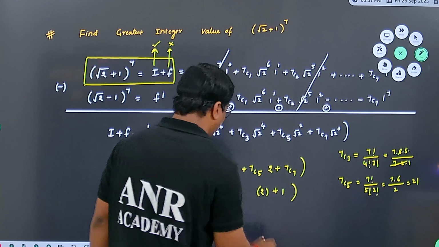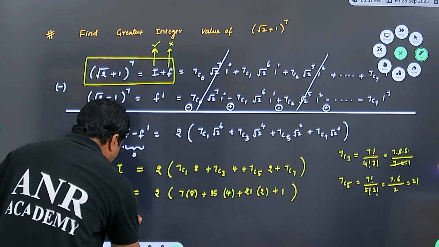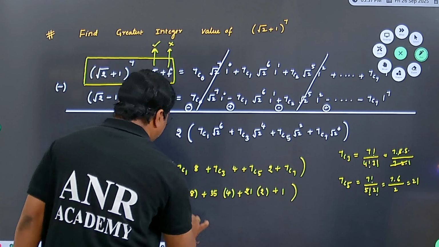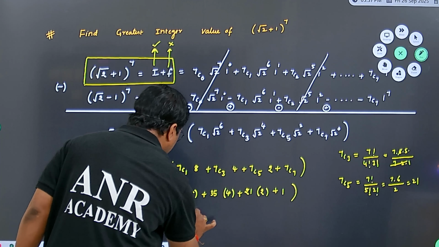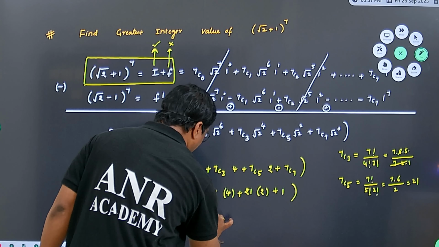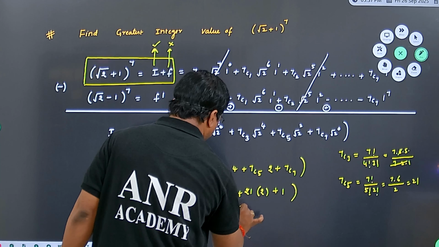That is 21 here. Yes, now the value of I on simplification: we get 2 times of this, 56. Next 140. After that 42. Next plus 1.